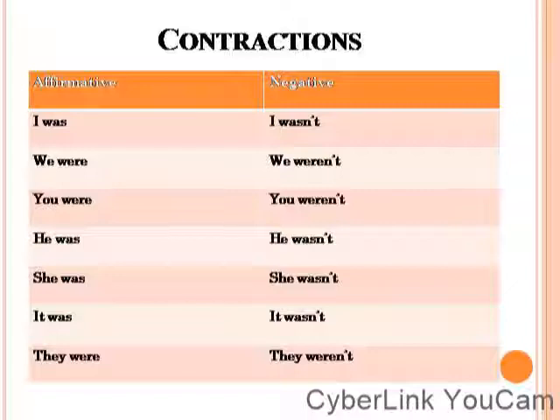I wasn't brilliant in school. I wasn't a medalist in college. Moving on to the next one, we were neighbors 20 years ago. We were class friends in college days. We weren't cricket players in the college days. We weren't dancers in 2000.